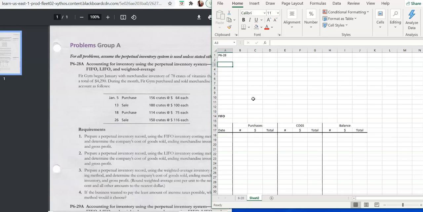So let me copy this down, and then I will switch to just Excel. Oh, well, you know what? It was $42.90, so it's going to be $42.90 divided by 78, right? Because we need the unit cost.